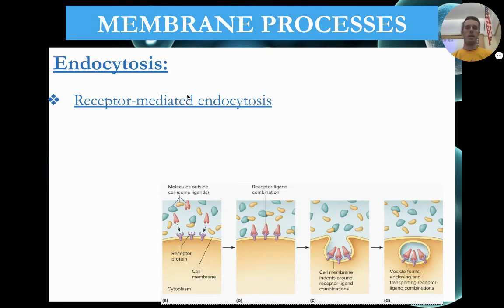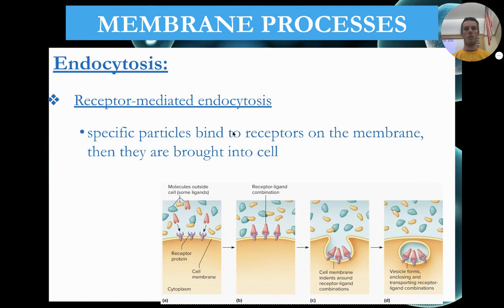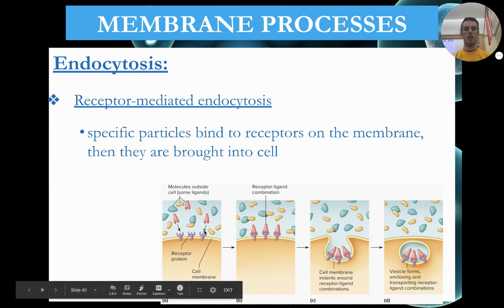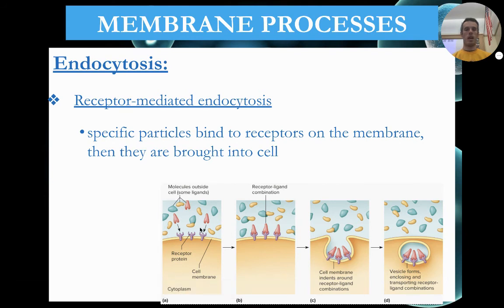And the last one is known as receptor-mediated endocytosis. So this is a little bit more specific in that there are receptors on the outside of the cell which will accept these ligands, and they will specifically bind just to these molecules.